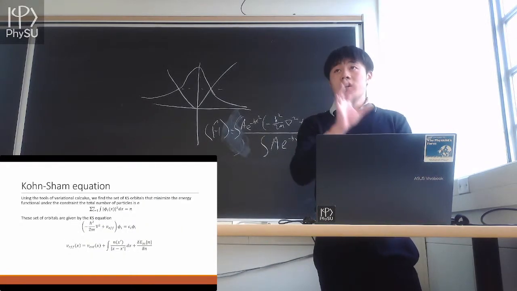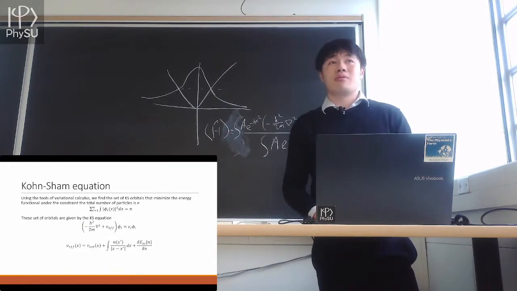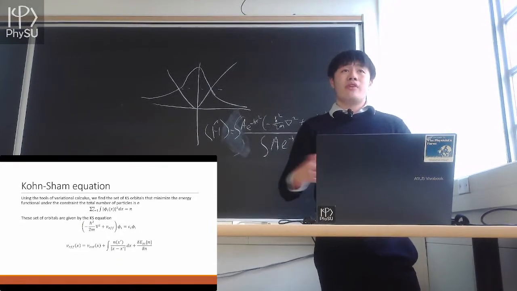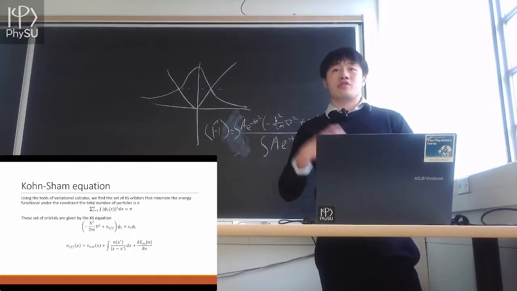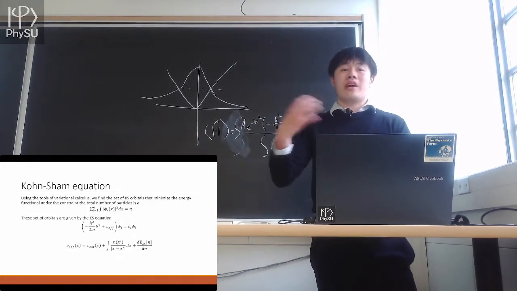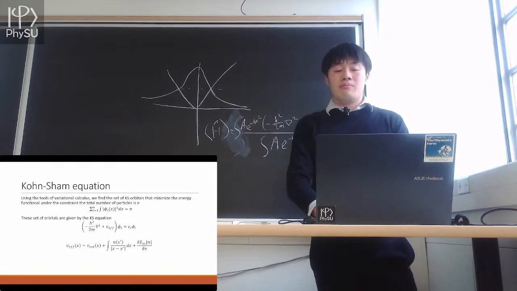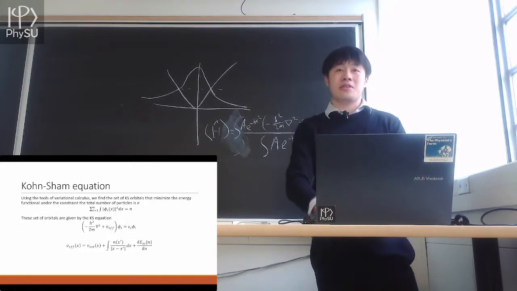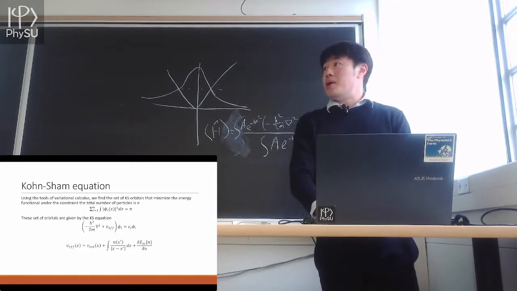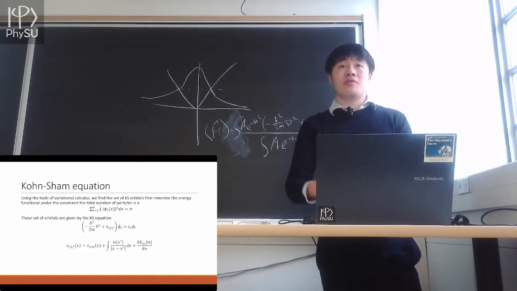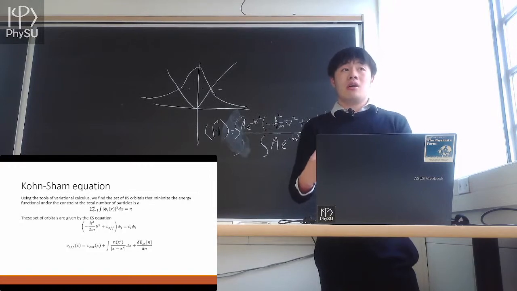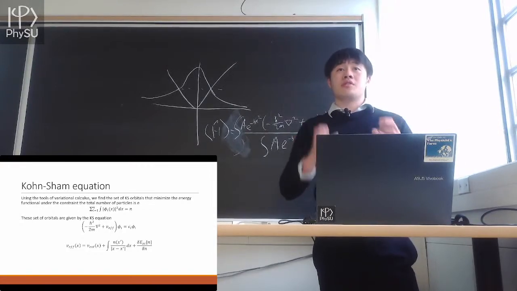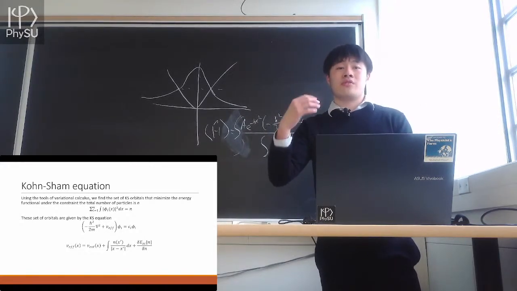Remember, initially I introduced these Kohn-Sham orbitals as a fictitious system. It's just a convenient mathematical trick to make this problem solvable. But it turns out that when chemists and physicists actually use DFT, they take these Kohn-Sham orbitals to be real, actual physical electron states for this system.